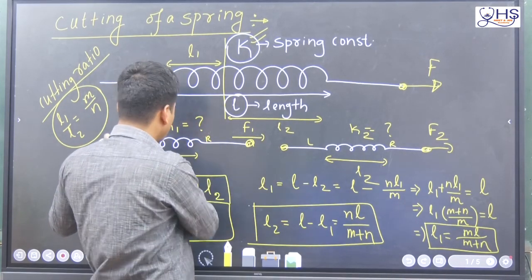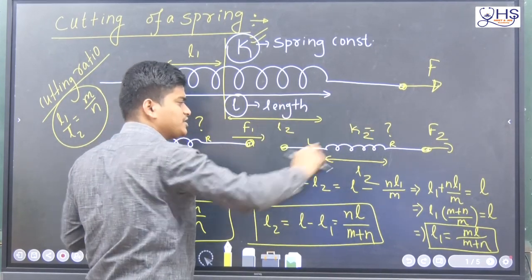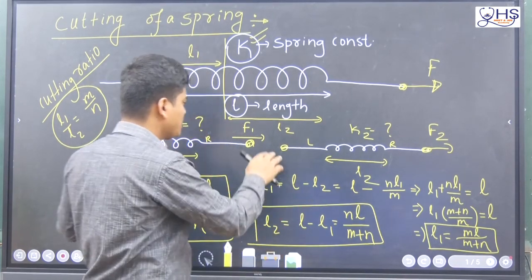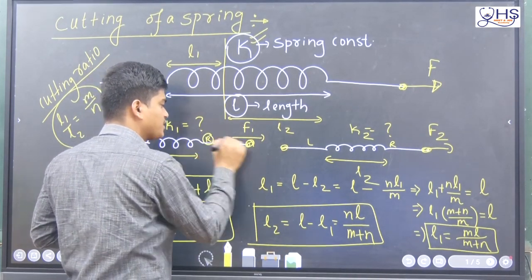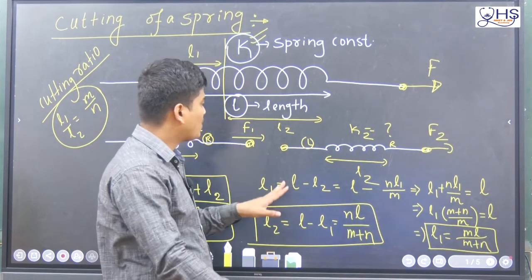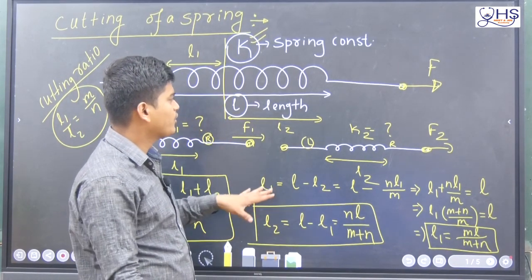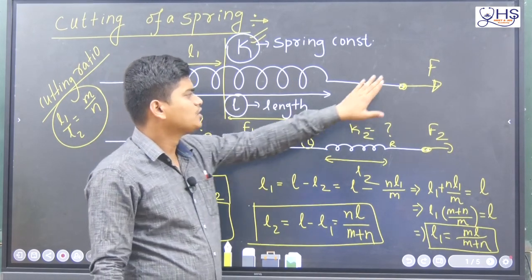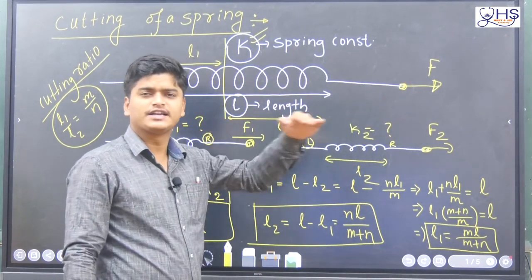If left connects to left and right to right, it is a parallel connection. In series, remember, for springs the force remains constant.